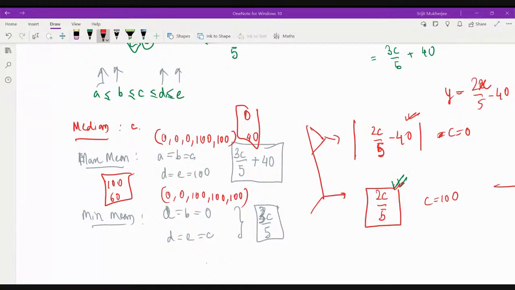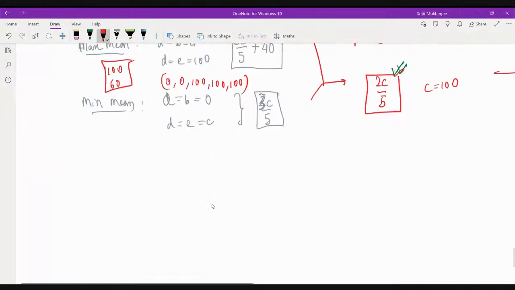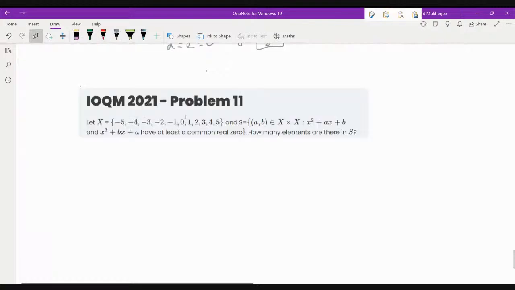The next problem is a combinatorics cum theory of equations problem. This problem is quite possible in ISI MStat. So, IOQM.